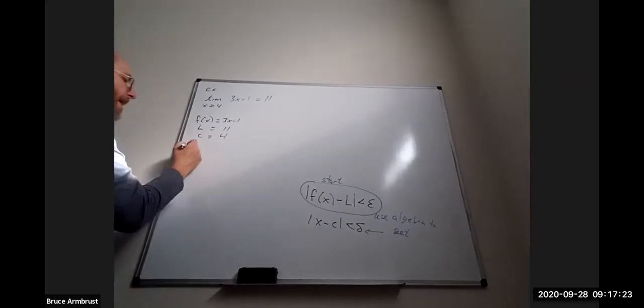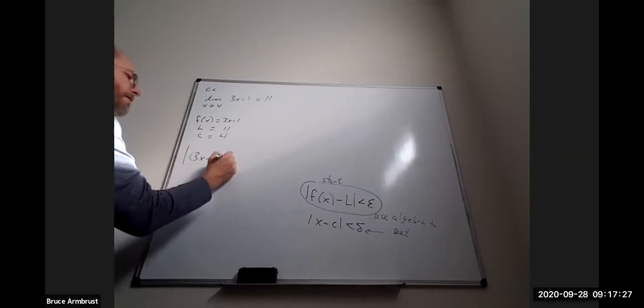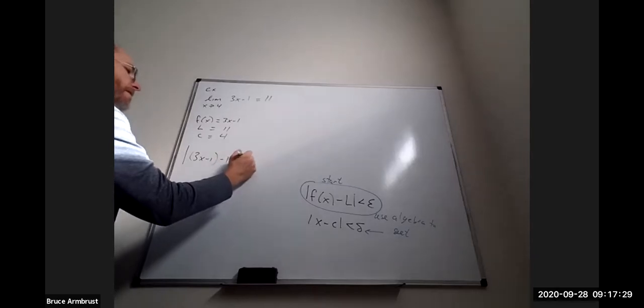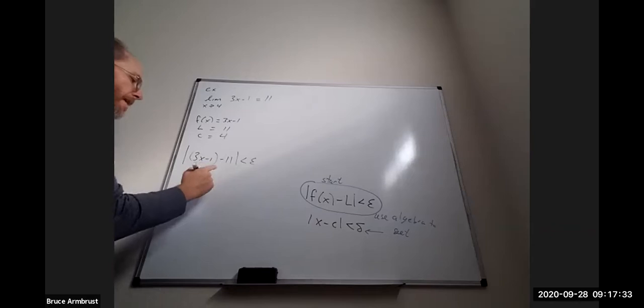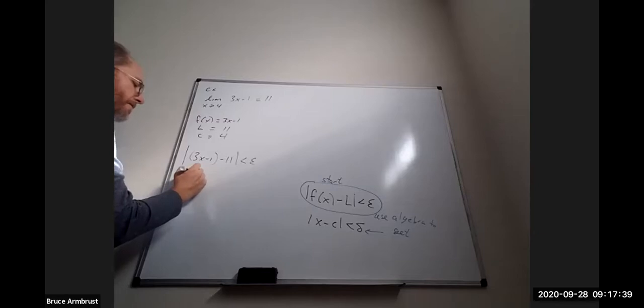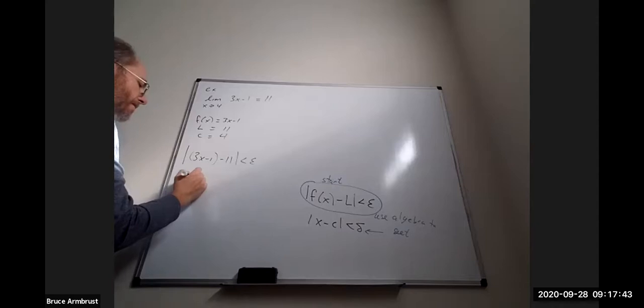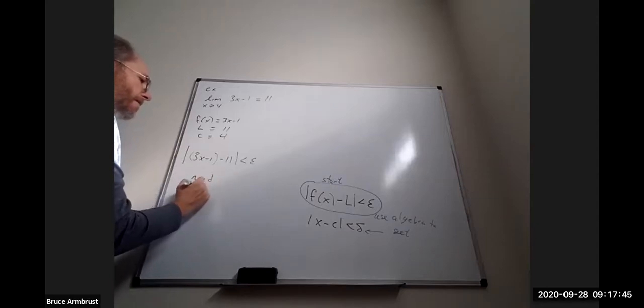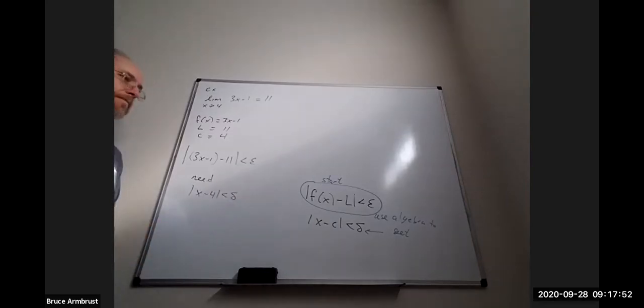So we're going to have the absolute value of 3x minus 1 minus 11 is less than epsilon. And we want to play with this thing. We want to fiddle around with this until we get the absolute value of x minus 4 is less than delta.